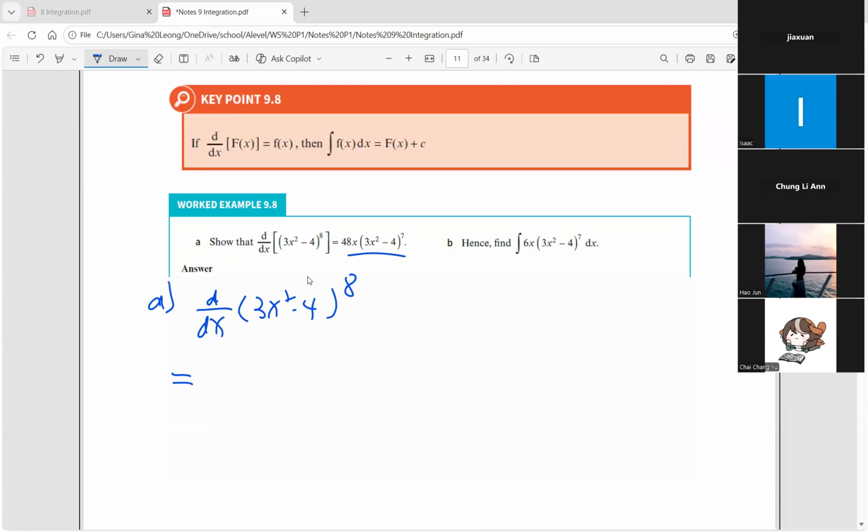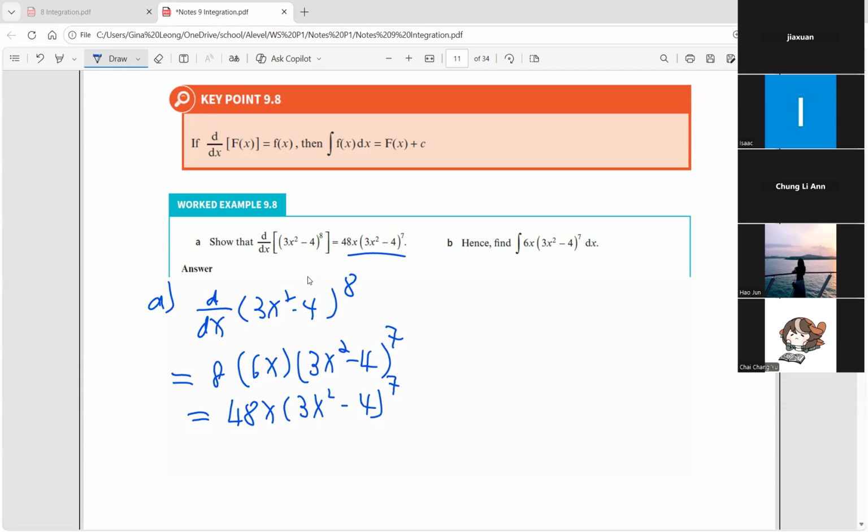Follow the formula: you have to bring down the 8, then differentiate inside here, so 3 times 2 is 6x. Then after that, like what I taught last time, you have to copy, and this one becomes minus, it becomes 7. Differentiation is minus, then integration is plus. Then I will show the answer: 48x (3x squared minus 4) power 7.